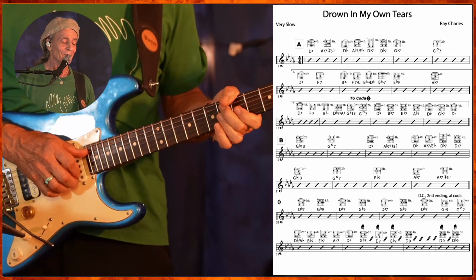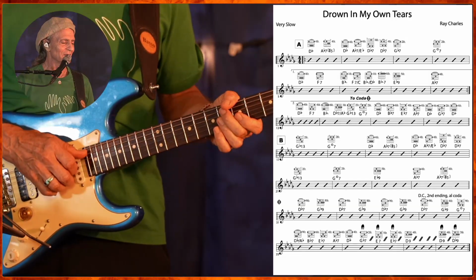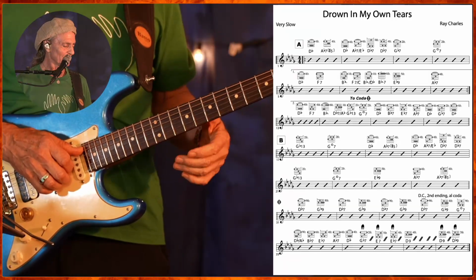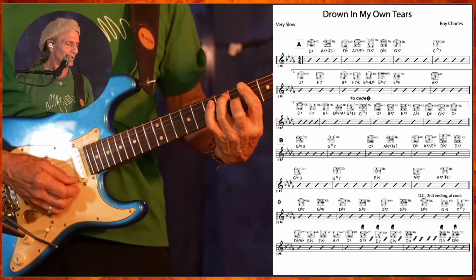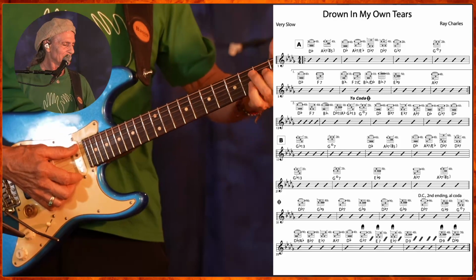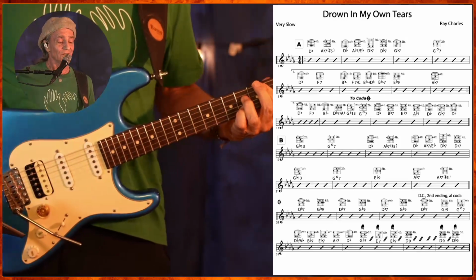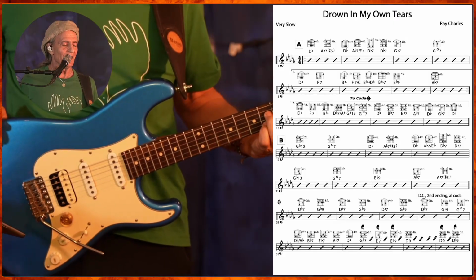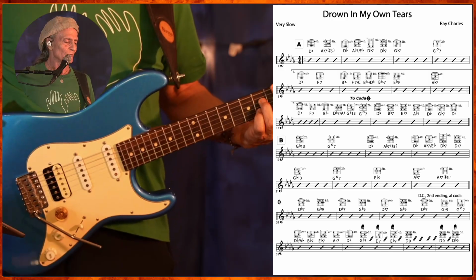And then, remember our first little walk up that we did on the first line? We had our D flat. So we went D flat, A flat 7th, D 7th. Well, we could do that on this E 9th because the 9th is the same as the 7th. And we worked on that last week.